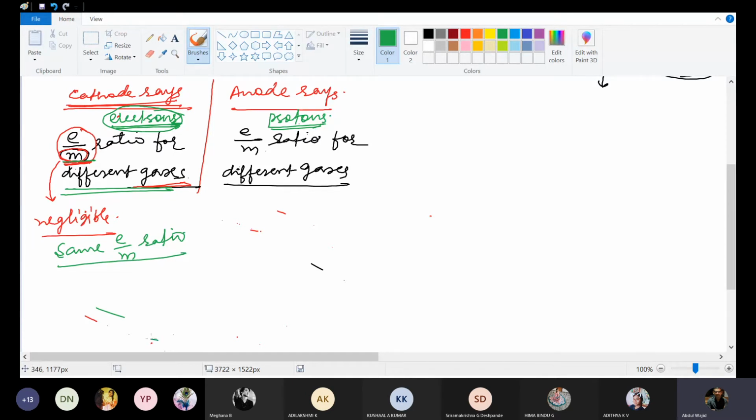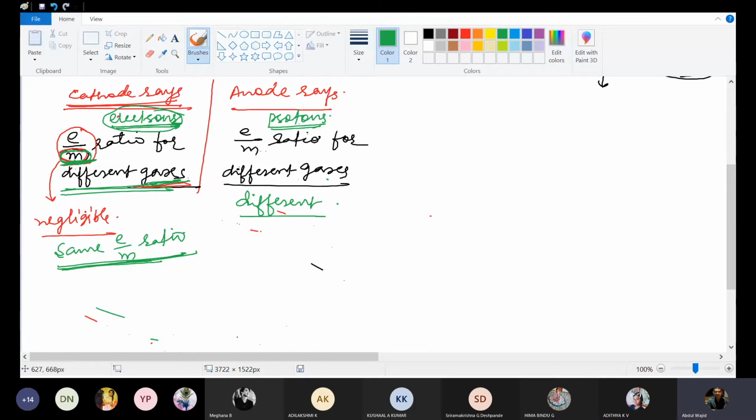How can we say this? Because different gases have different numbers of electrons, but the mass of an electron is almost negligible, so it won't make any difference in the total mass of the electrons present in that gas. So the e/m ratio for different gases in the case of cathode rays will always be the same. But the e/m ratio for different gases in the case of anode rays will always be different.